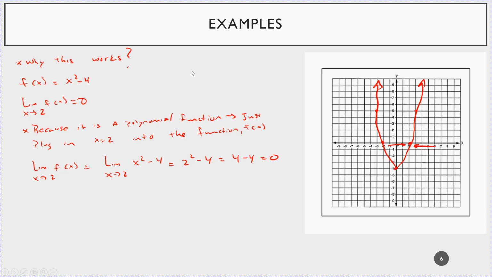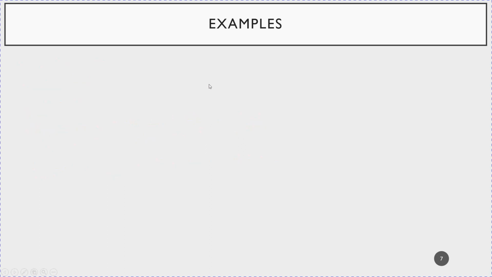All right, let's work some other examples here. So without the graph, you can just see it plugging it in. All right, so let's do this example here. Let's do the limit as x goes to 2 of 3x squared minus 5.